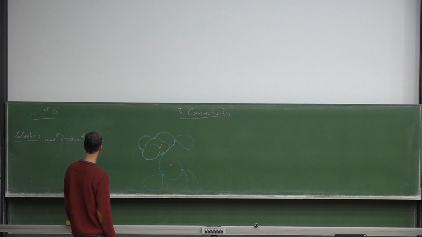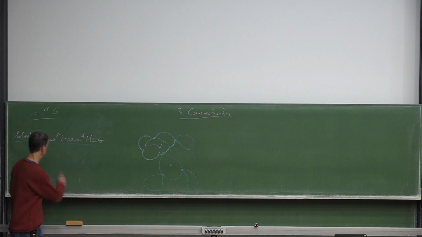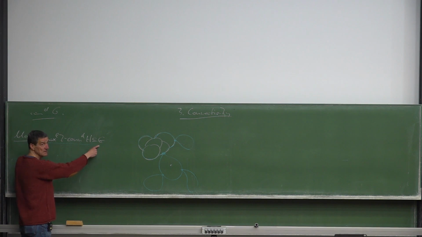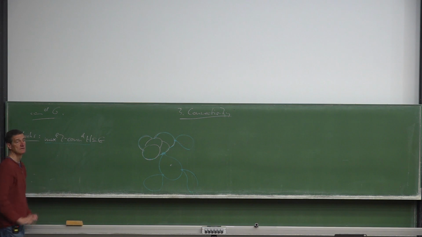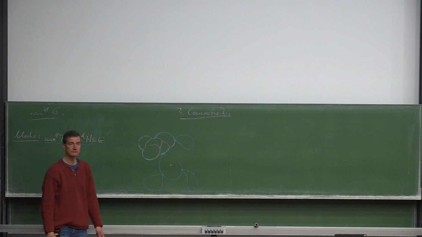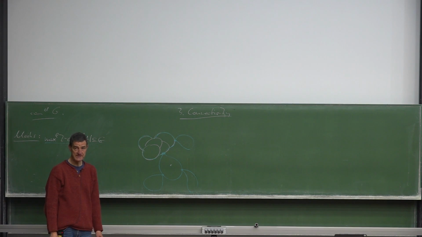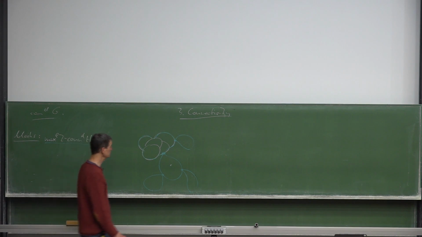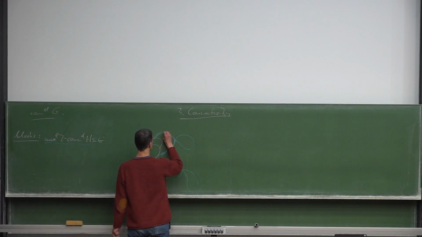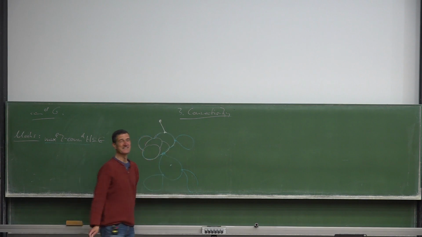That looks good. So we might be tempted to take this, maximal two-connected subgraph of G, as our definition of blocks. Until someday we discover a graph that looks like this.